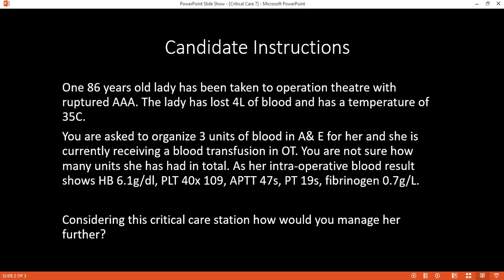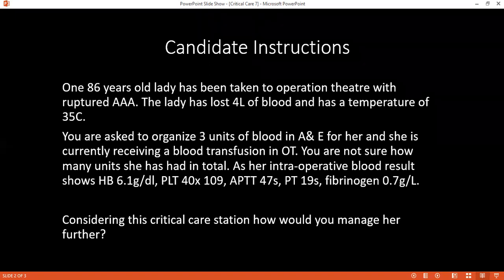If the patient is grade 1, less than 750; 750 to 1.5 liter is grade 2; grade 3 is from 1.5 liter to 3 liter and more, according to the shock grade. Okay. See, so in this case, the patient is categorized in which grade of shock? Grade 4. Okay.